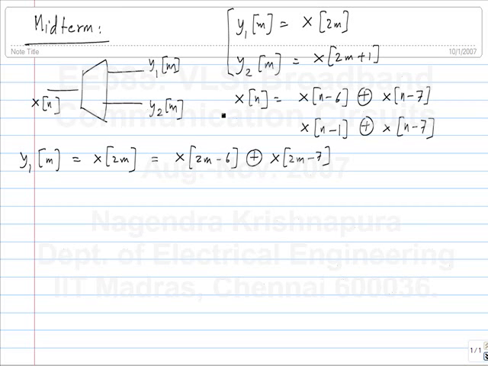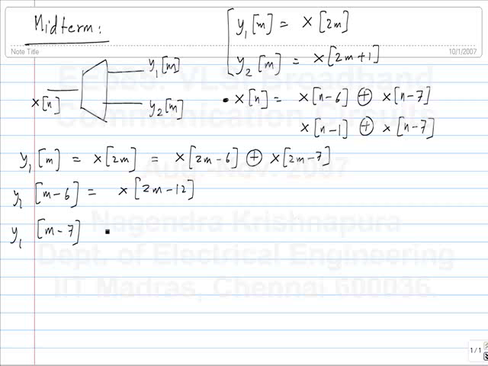This comes from the generating equation for X. And Y1 of m minus 6 is what? It is X of 2m minus 12. And Y1 of m minus 7 is X of 2m minus 14.